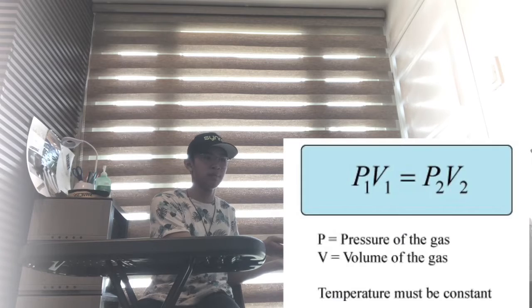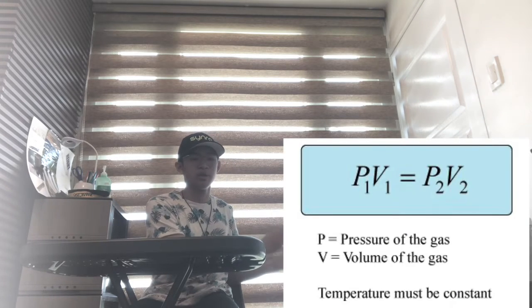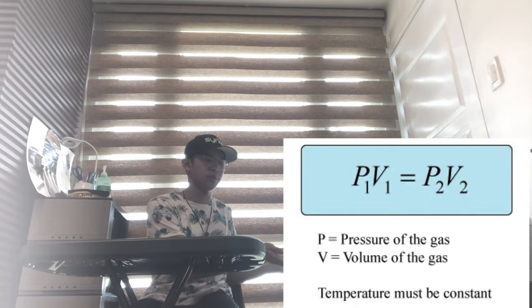So once again, shown here is the formula, briefly explained. What this basically states is that if the pressure goes one way, then the volume goes the opposite, and vice versa.